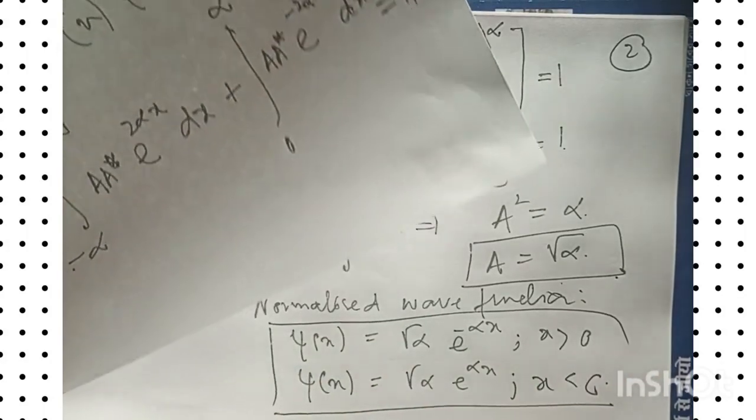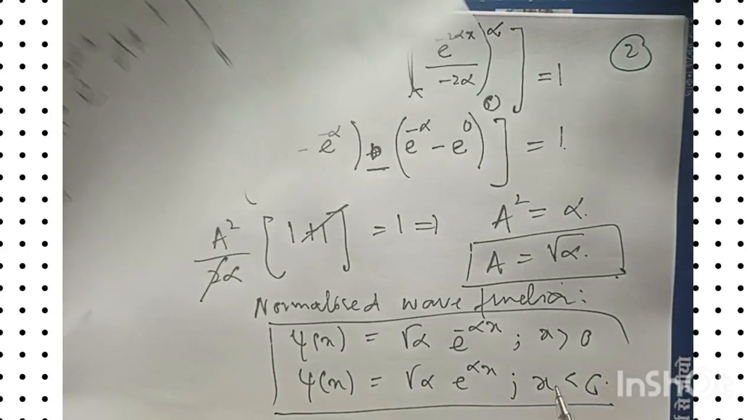This will be the set of normalized wave functions that exist for x greater than 0 and x less than 0.